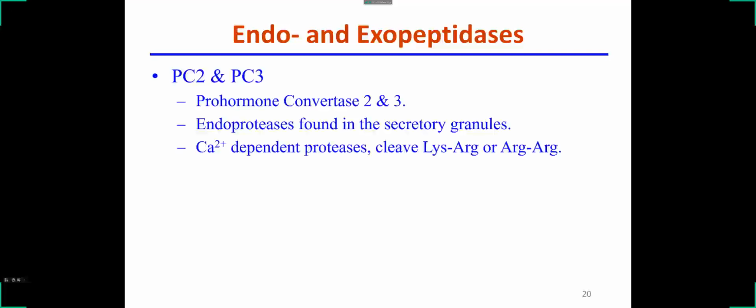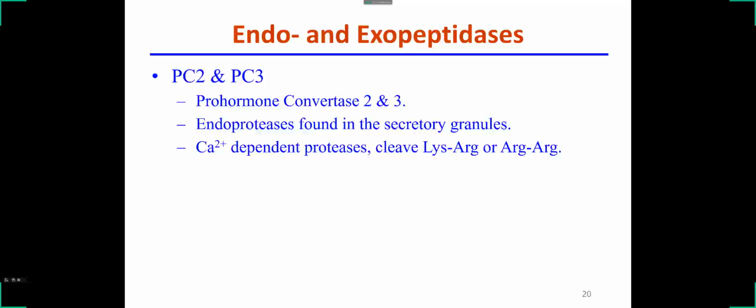So just a little bit about what these endo and exopeptidases are. PC2 and PC3 are pro-hormone convertases 2 and 3. That's what the PC stands for.